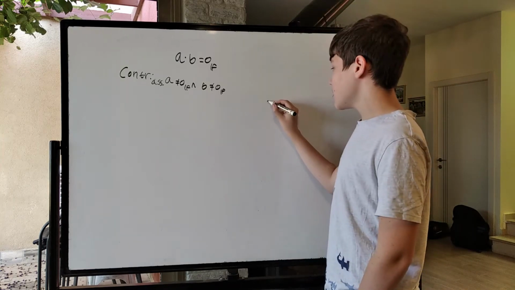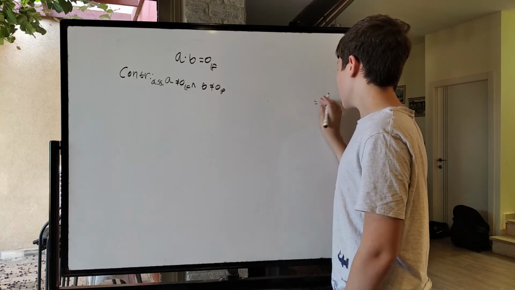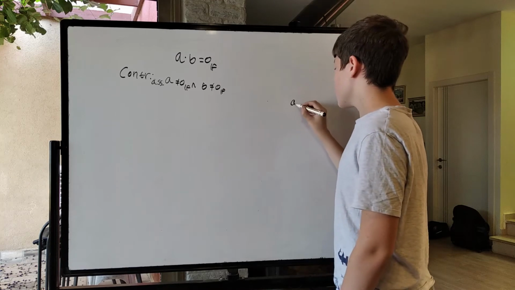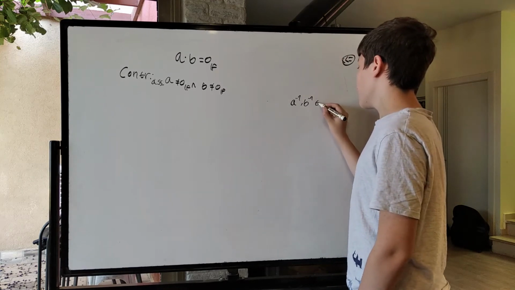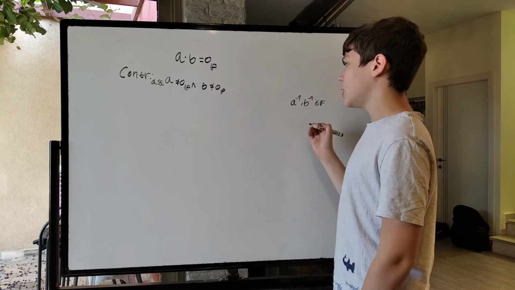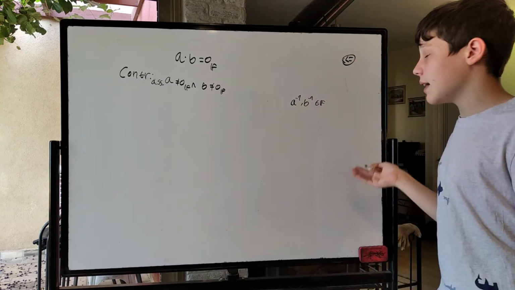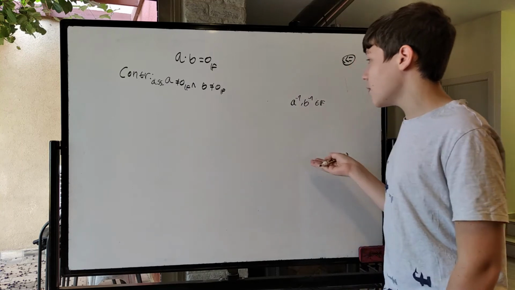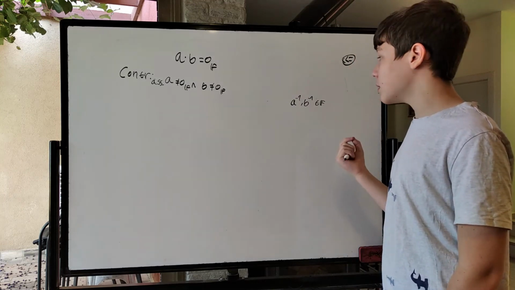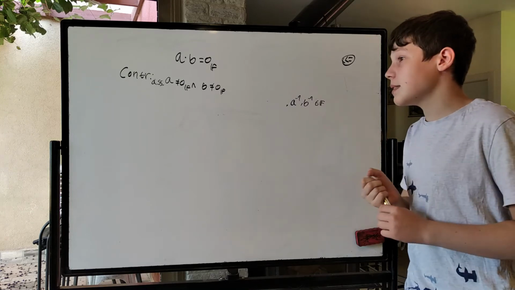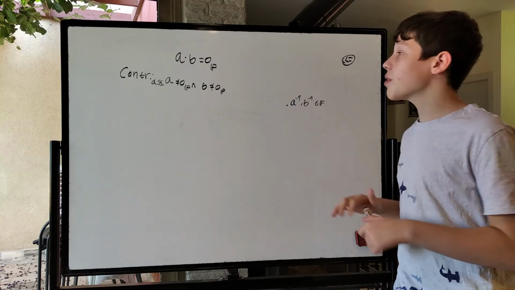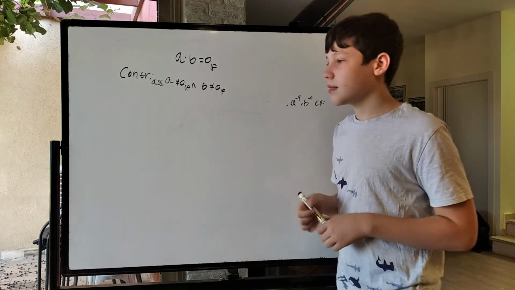So this means the inverse of A and the inverse of B are in F, such that multiplying by each one will give us the one of the field. So now that we know that the inverse of A and B exist, let's multiply by both on both sides.